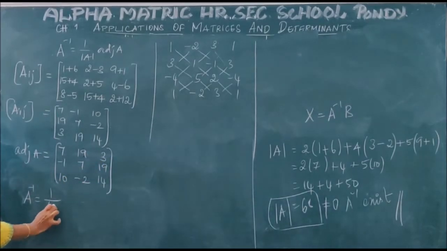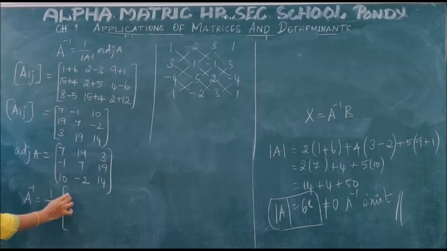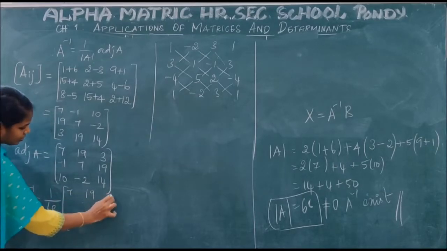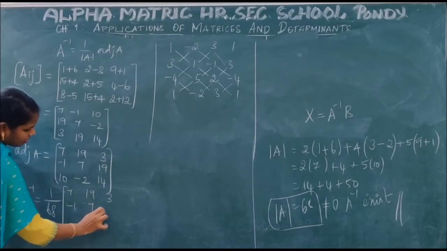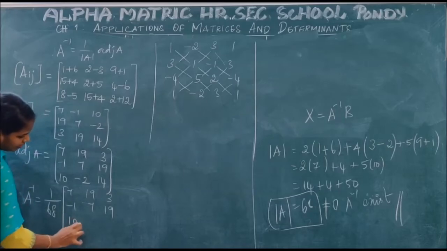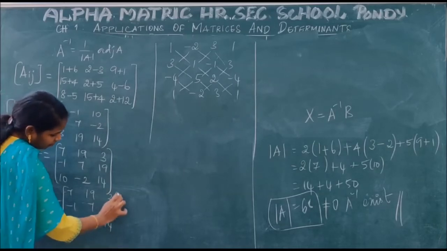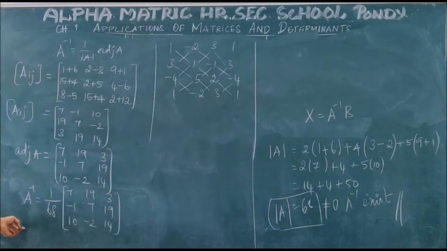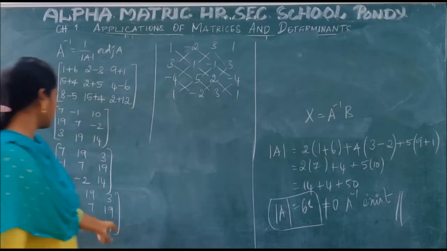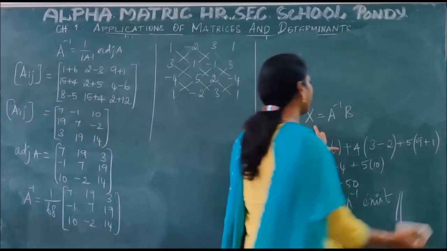It is 68, into 7, 19, 3, minus 1, 7, 19, 10, minus 2, 14. So now I have the value of A inverse. Now I am going to substitute this A inverse over here.